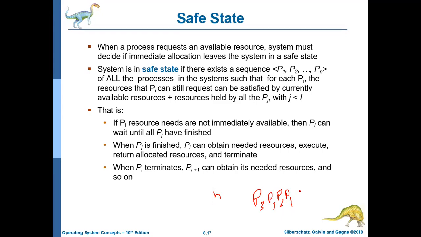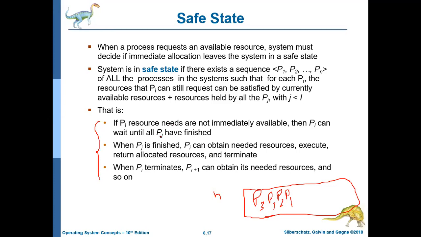If you can find any such sequence in which all the processes can run in any order, then it will be a safe sequence. And if a safe sequence is there, you can say it will be a safe state. So all these things are directly related to this.